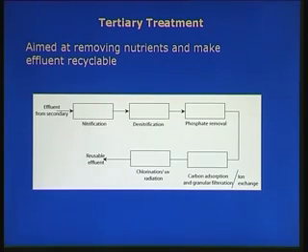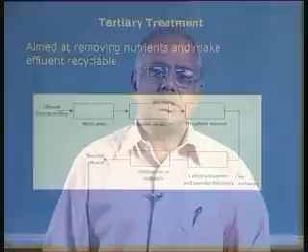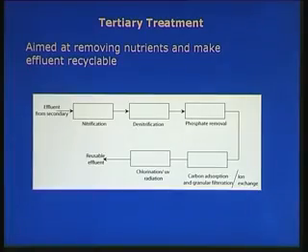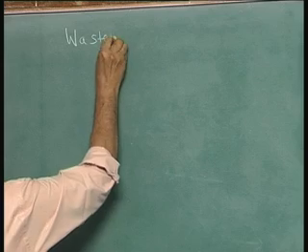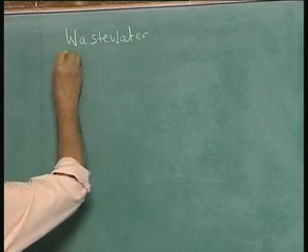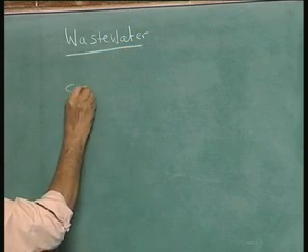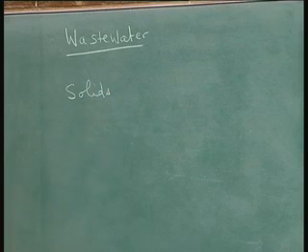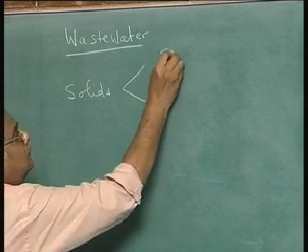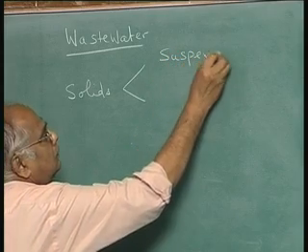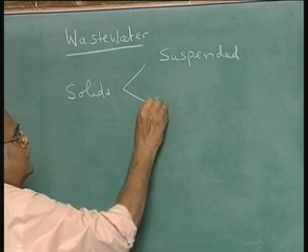So, if you look at the wastewater, it contains several components. For example, wastewater contains solids. The solids could be divided into two types. One is the suspended solids, and then the dissolved solids.